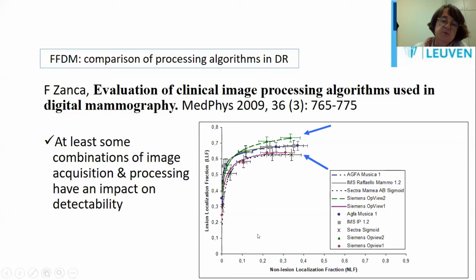Here we have on the y-axis the lesion localization fraction, the higher the better, as a function of the non-lesion localization fraction. And she obtained the best result that you can have as a PhD student in your thesis, which was an older software of the manufacturer of the device performing not so nice, but the newer software being much better.